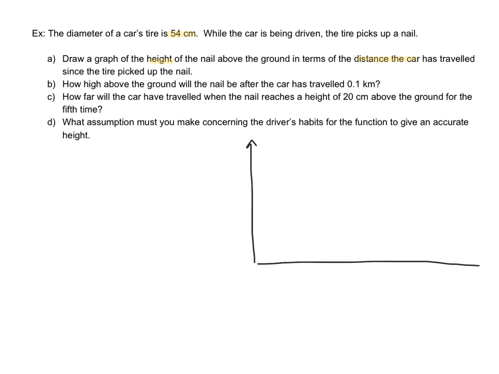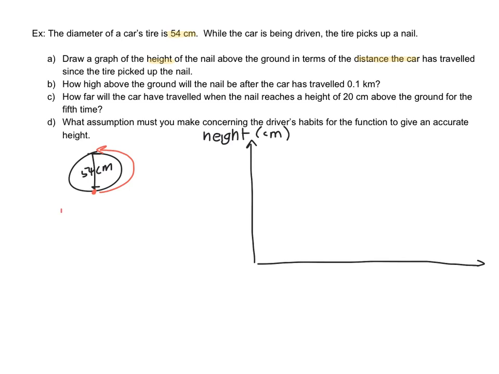So I'm going to have height, and it will be in centimeters. So dealing with the height, I know that the tire has a diameter of 54 centimeters. And I know that the nail is picked up at ground level. And when it reaches its highest point, that would mean that the maximum is 54 centimeters.